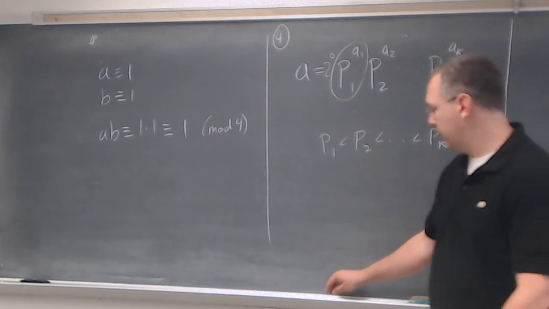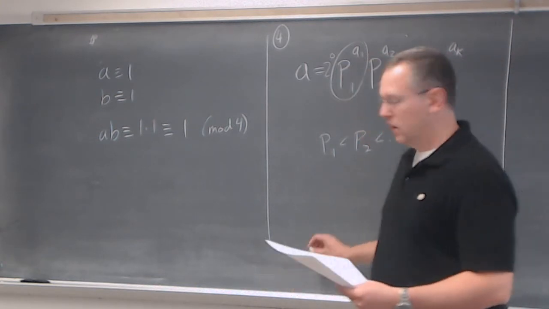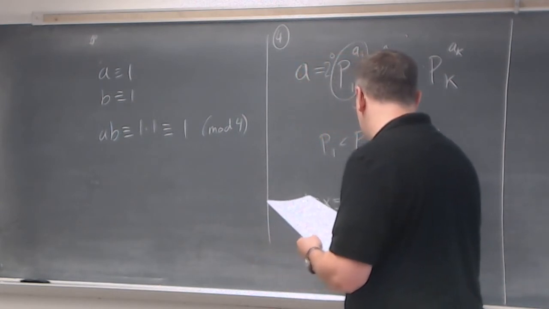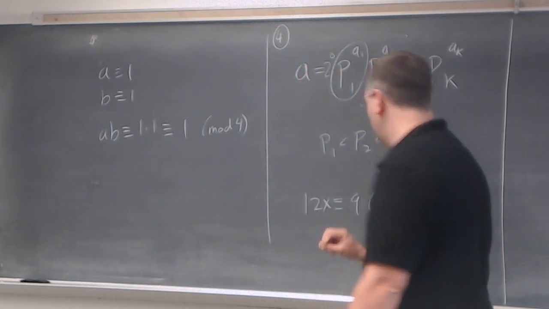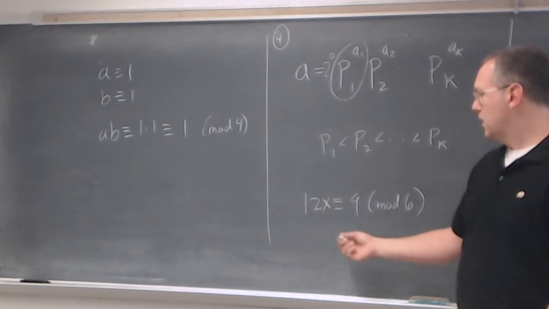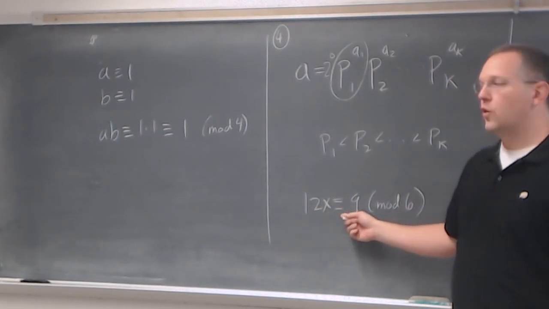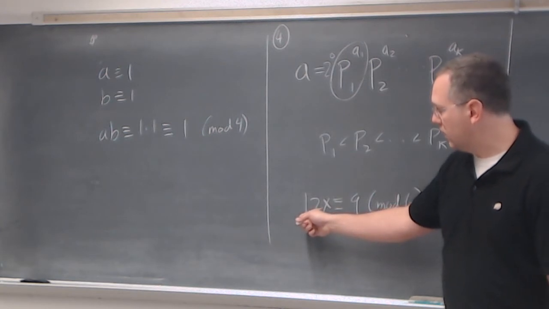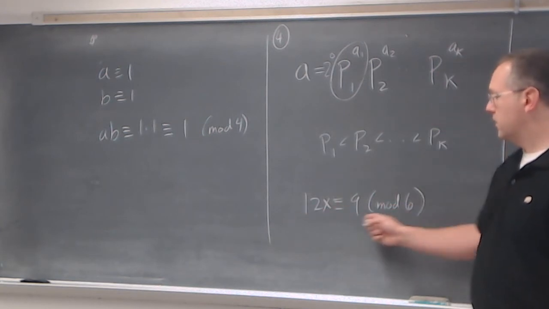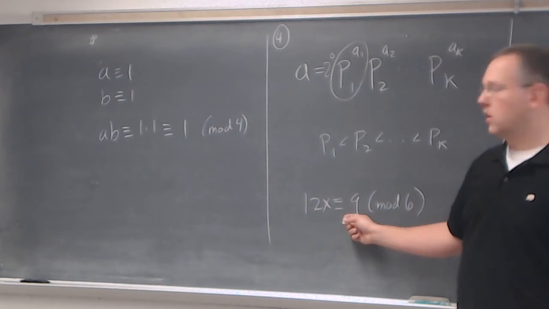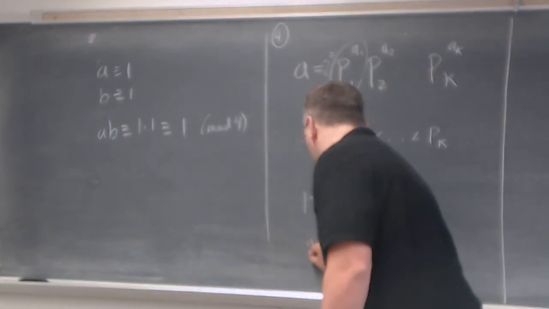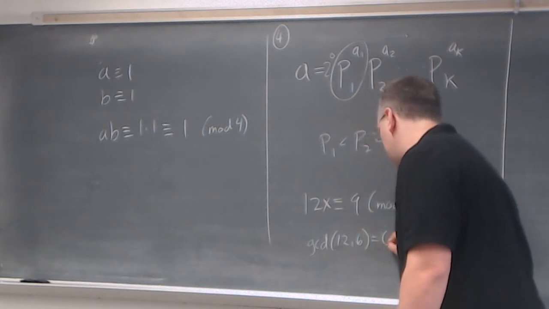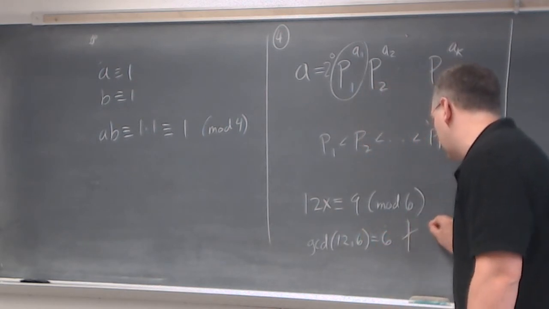So I mentioned that for number 7, for example, 12x turned into 9 mod 6. We showed after last week's class that a linear congruence has a solution exactly when the greatest common divisor of this number and this number divides this number. So the greatest common divisor of 12 and 6 is 6, and that does not divide 9.